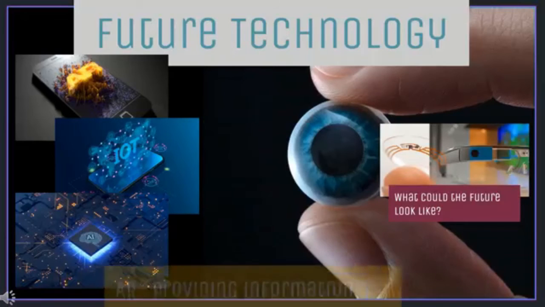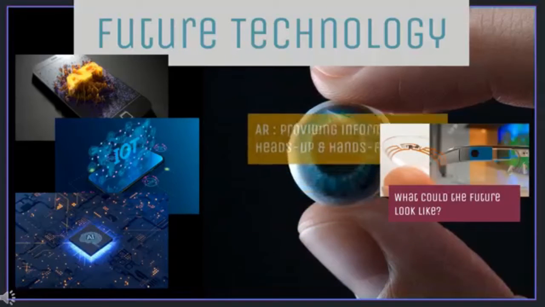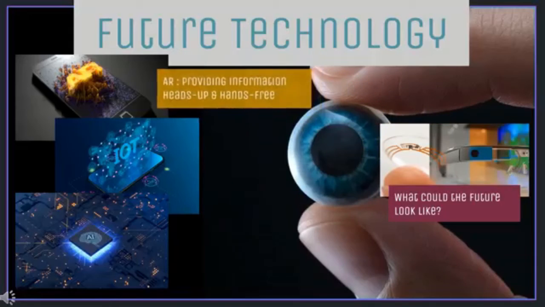The first one is augmented reality. Through the use of AR, data and pictures can be presented on displays built into the lens. By using a wearable display, AR helps us to keep our concentration by providing information heads up and hands free.